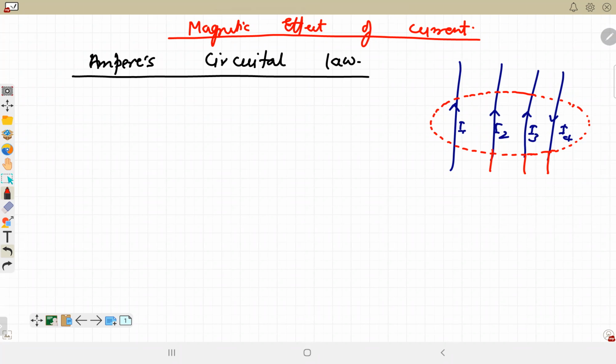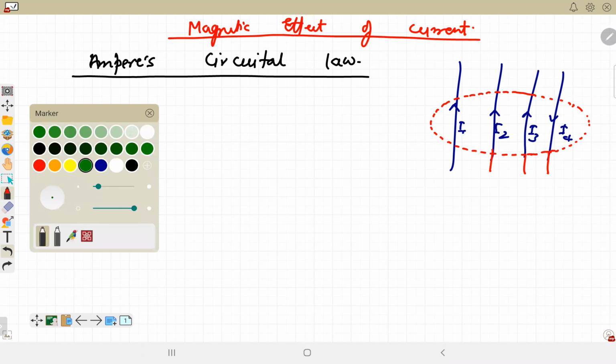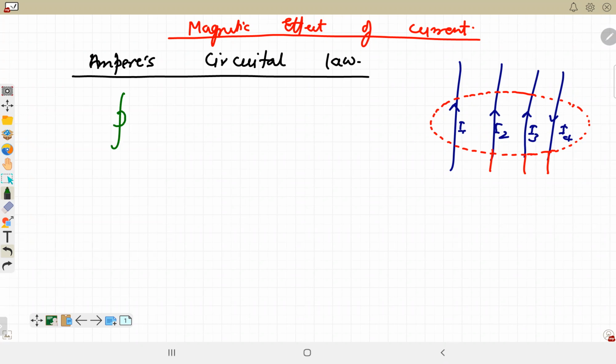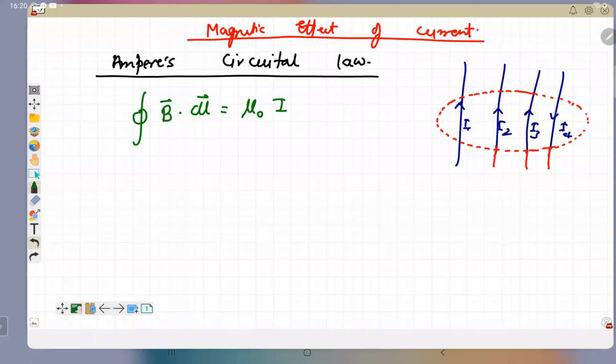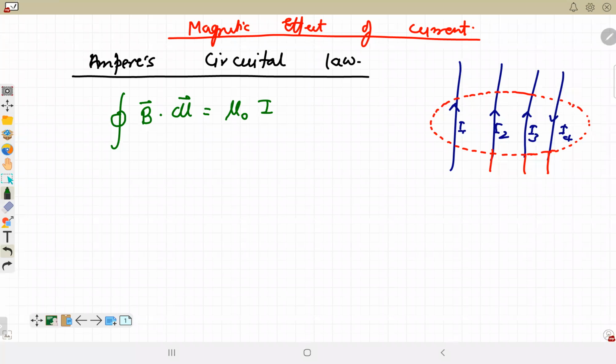Now, when you choose this loop, Ampere's circuital law is that the line integration of magnetic field B dot dl will be mu naught times the total current passing through inside of it. If you do this integration, you have to choose one direction of dl.